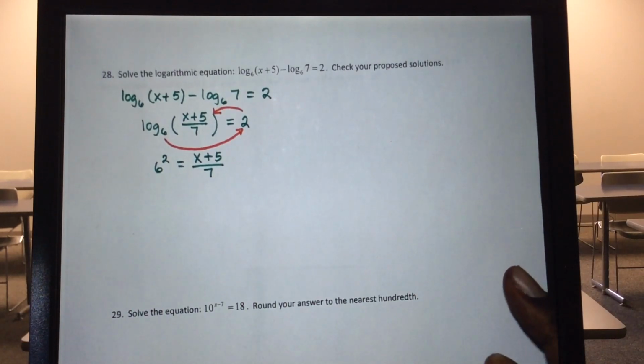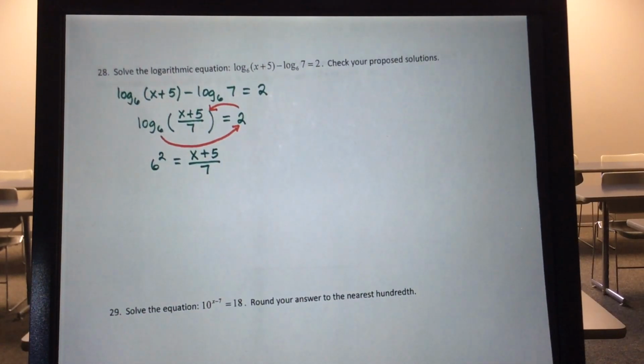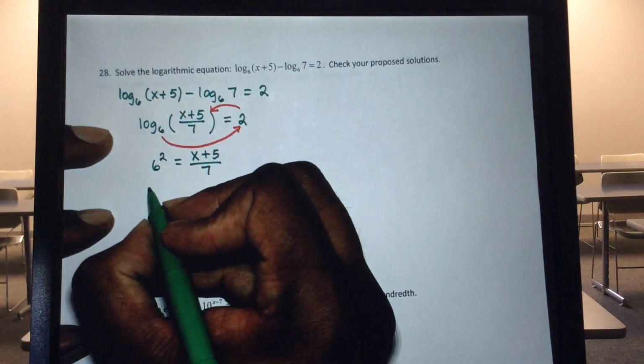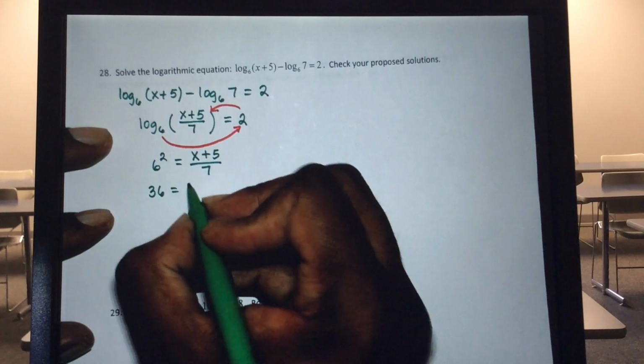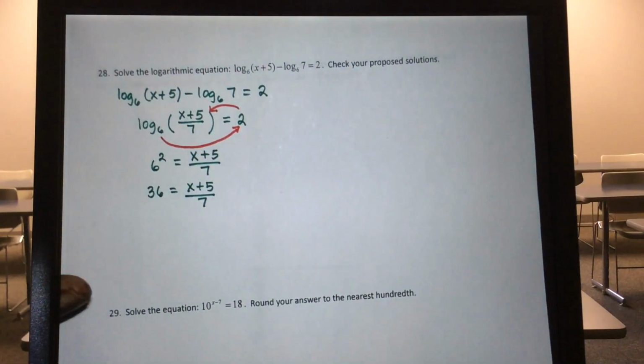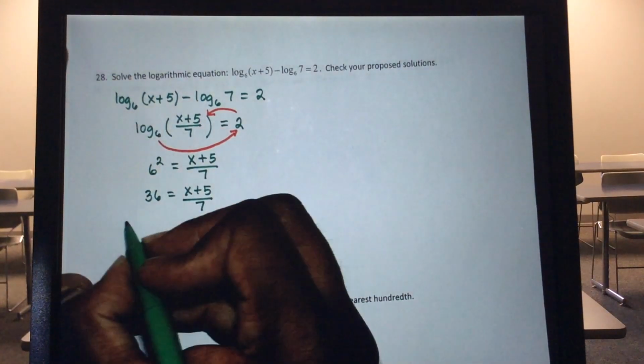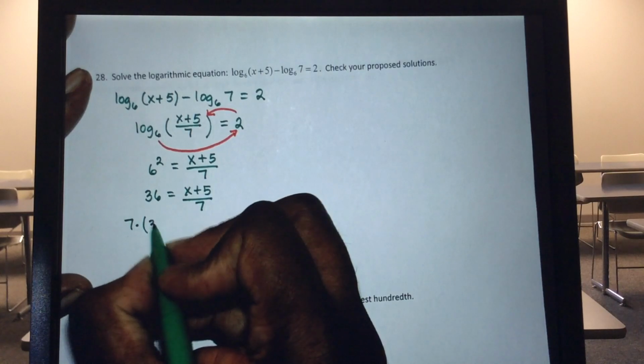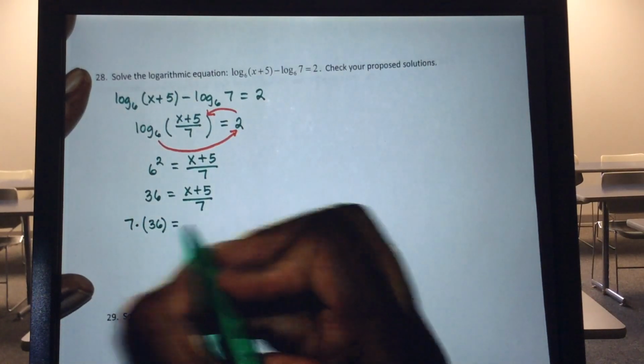And then the next step would be to simplify this equation. If I square the 6, that's 6 times 6, that would be 36, is equal to x plus 5 divided by 7. Now I got that 7 in the denominator, so to get rid of it, I need to multiply both sides of this equation by 7.